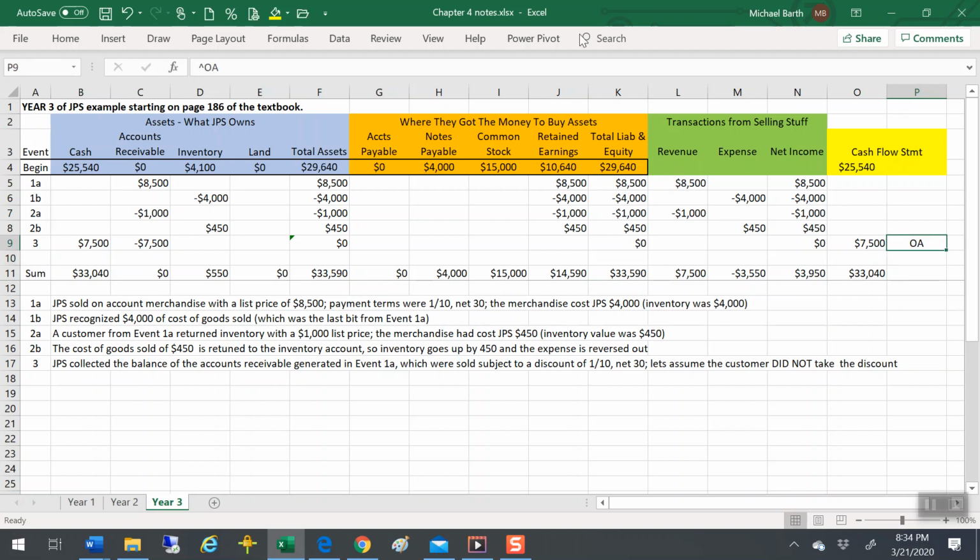Operating activity because it is activity in the current assets, or the working capital assets, accounts receivable and inventory. All right, so now we've actually collected the stuff that we reported in the income statement. All right, so everything still balances and we are good to go with the JPS example.